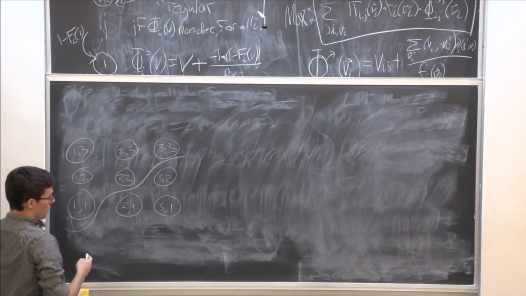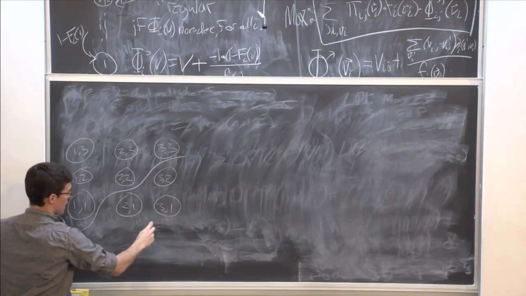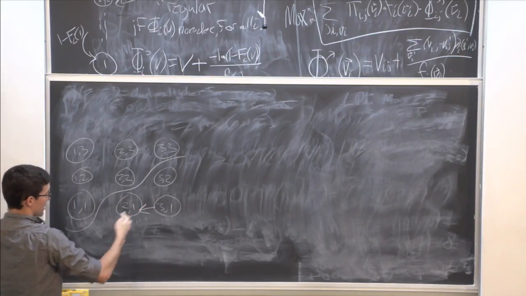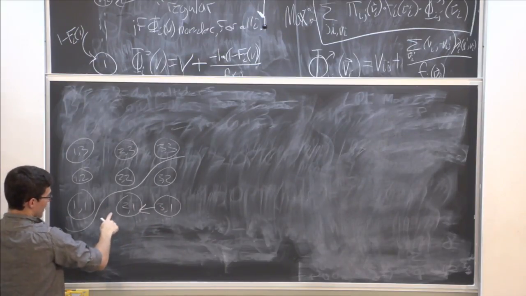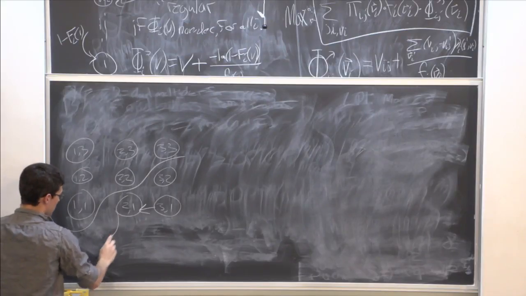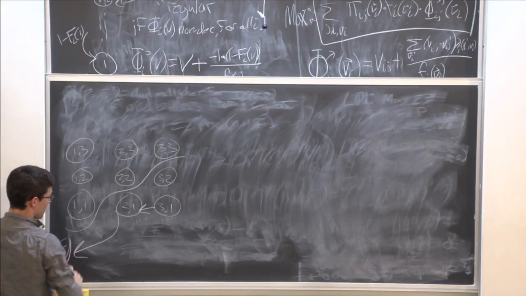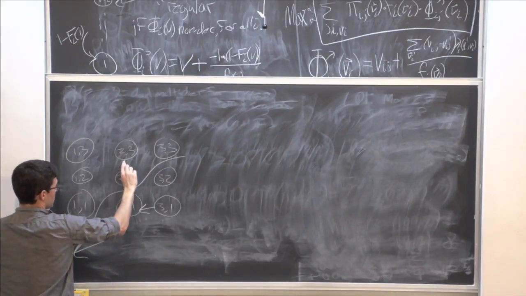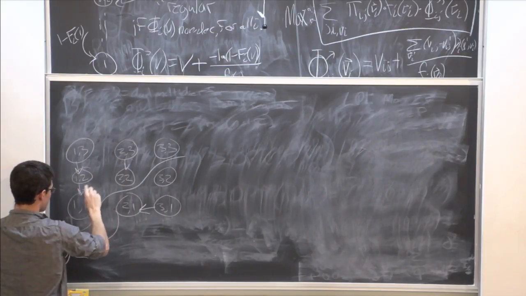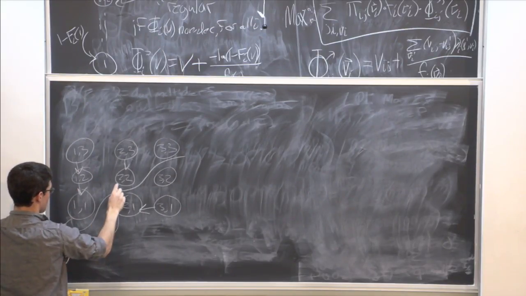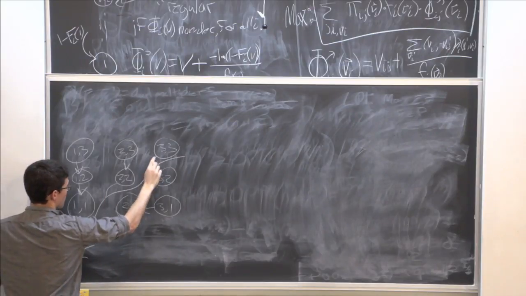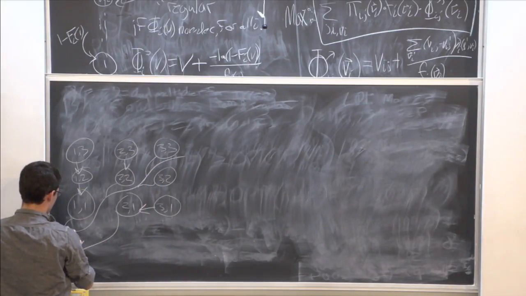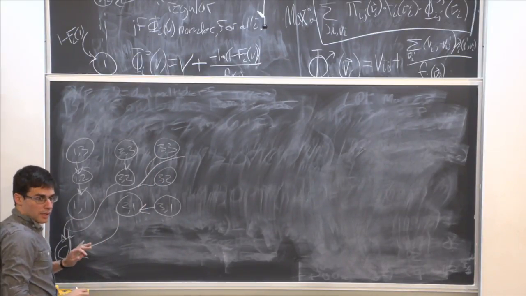Now the flow I want to define is just everything you get in, you send it towards this line, and if you would have to send it over the line, you just send everything to the sink. Okay, does this make sense?